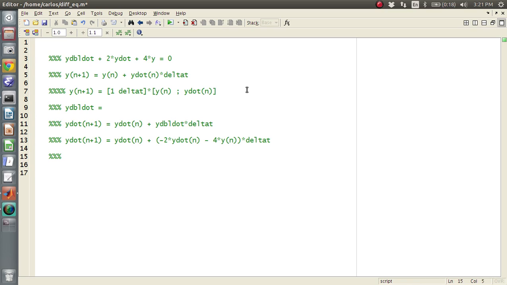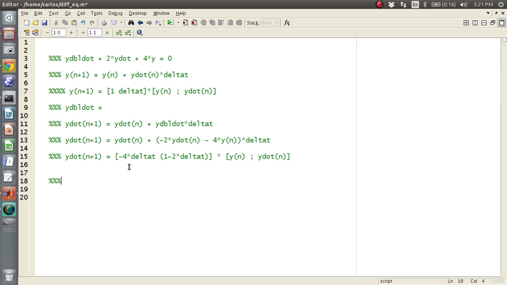Now I'm going to do the same thing down here. So what I get is y dot of n plus 1 is negative 4 times delta t, and then 1 minus 2 times delta t, times y of n, y dot of n.